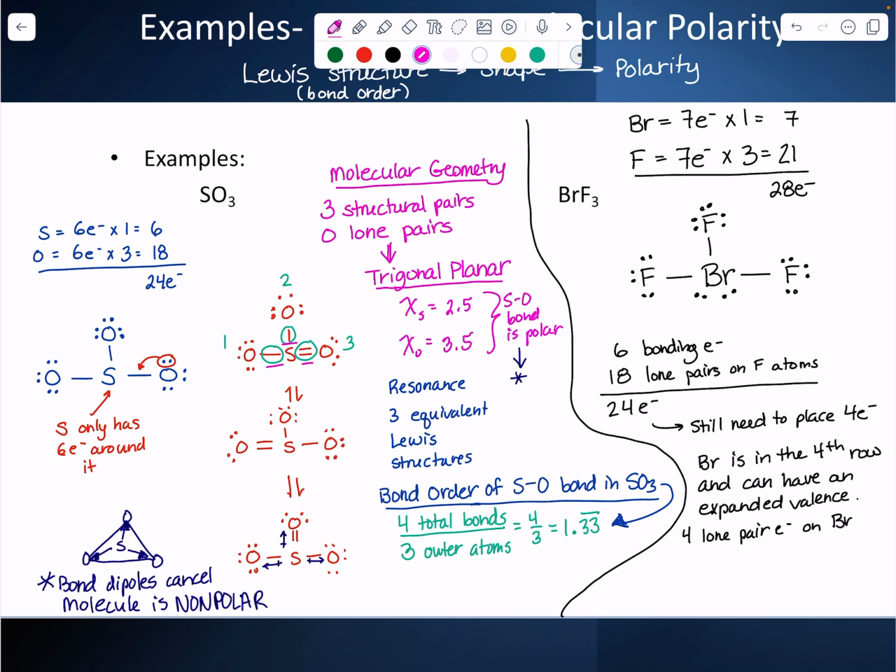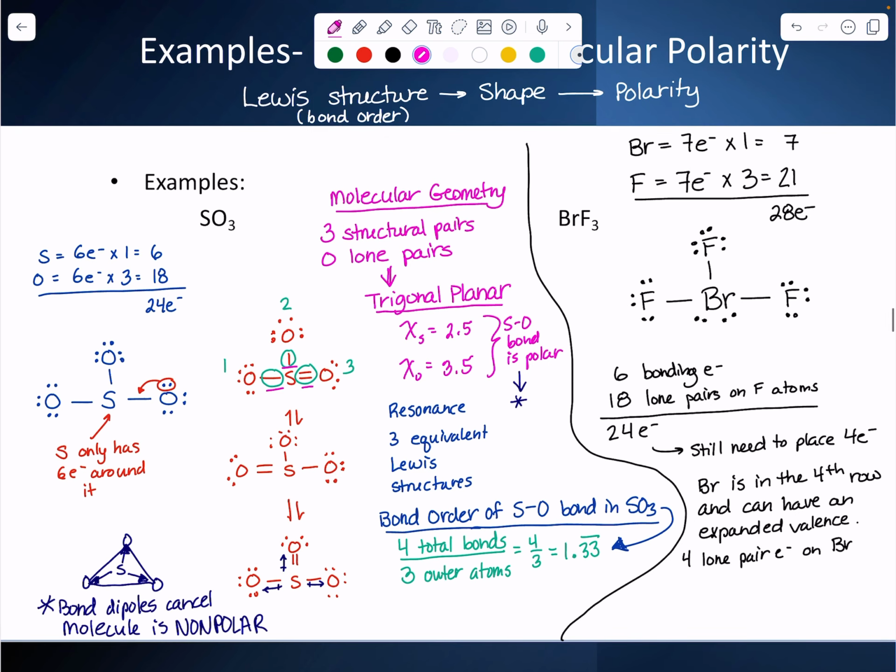Okay, so now let's talk geometry. For this we have 1, 2, 3, 4, 5 things attached. So for molecular geometry, we have 5 structural pairs, or 5 regions of electron density.